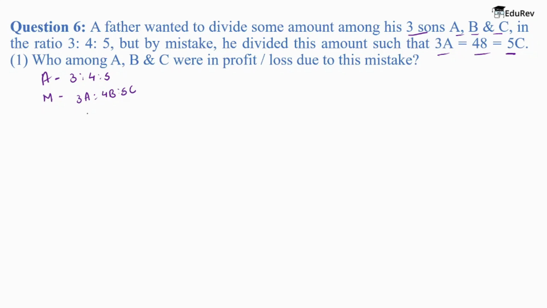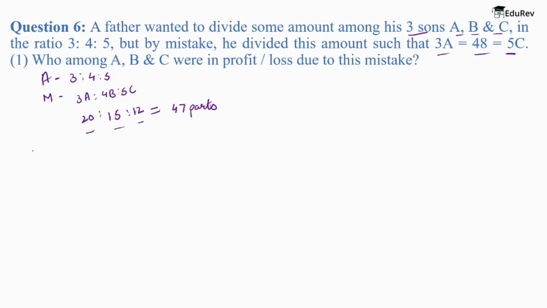So we get 4 into 5 is 20, then 3 into 5 is 15, and then 4 into 3 is 12. So the ratio is 20 is to 15 is to 12, right? And you get the sum is equal to 47 parts, right? Now he says that by mistake he divided this amount such that it becomes 3A, 4B, 5C.